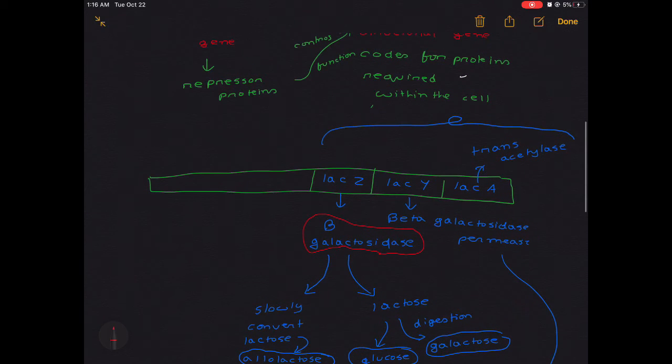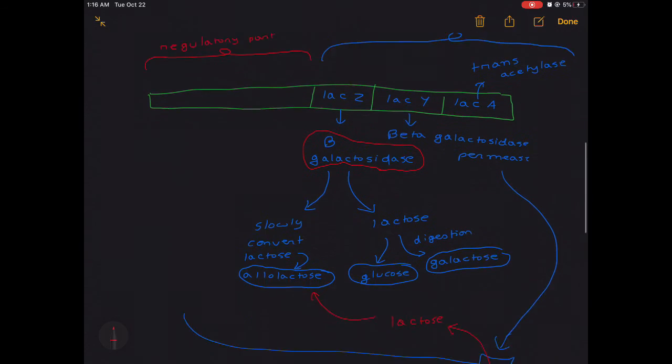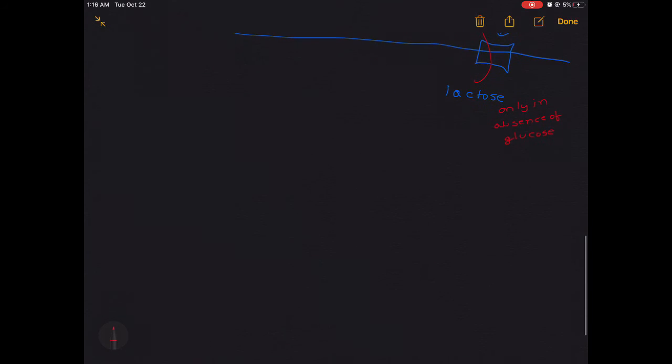So to understand this, we need to come back to the regulatory part of our Lac Operon. So let me draw this out again.